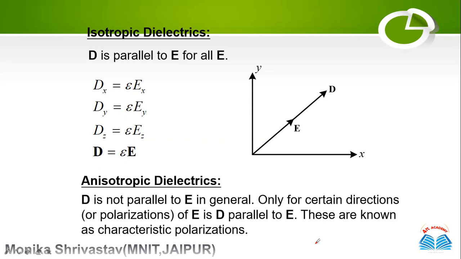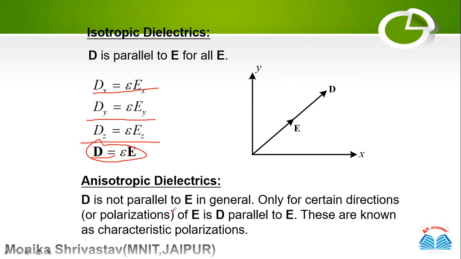In an anisotropic dielectric, D is not parallel to E. If we consider an isotropic dielectric, then D and E have the same direction, as you can see in this diagram. So if D is parallel to E, then Dx equals epsilon Ex, Dy equals epsilon Ey, Dz equals epsilon Ez. Whatever direction we consider, both are in the same direction. So finally D equals epsilon E.